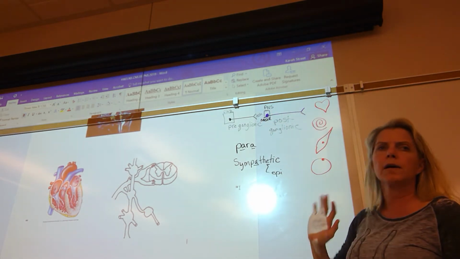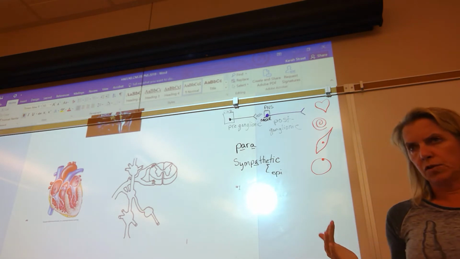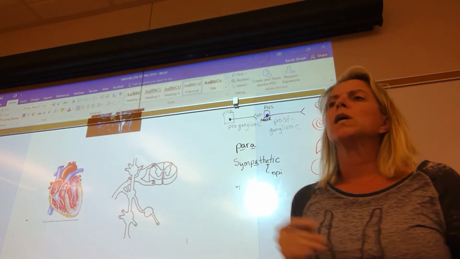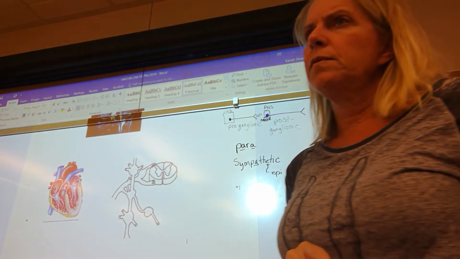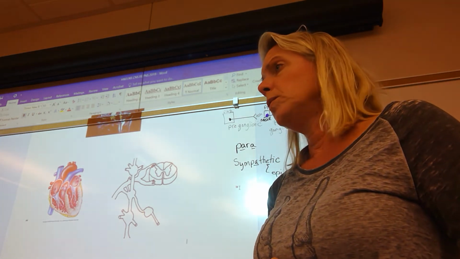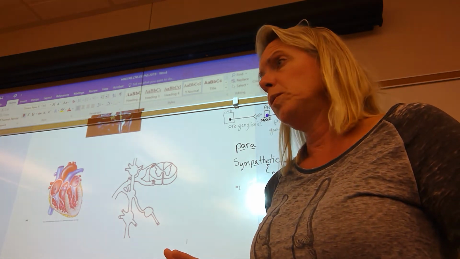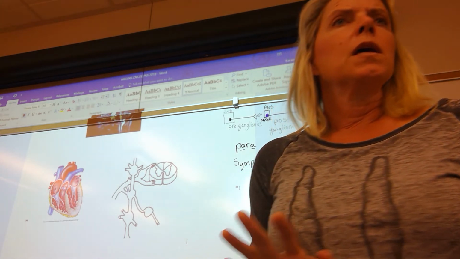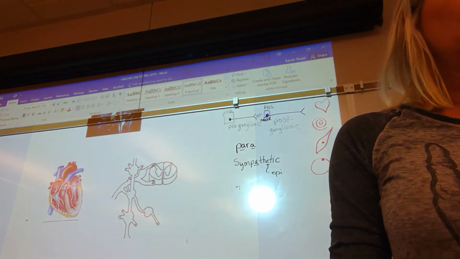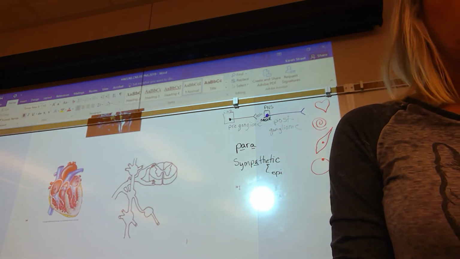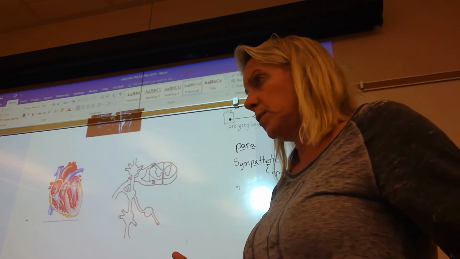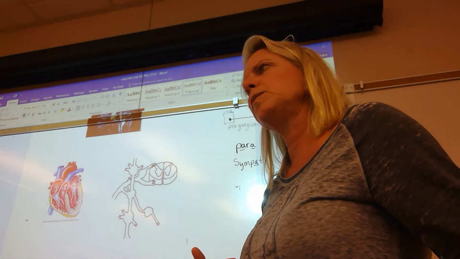The second neuron, it depends on which division we're playing with. Now the parasympathetic division is very simple. Sympathetic division is difficult. It has exceptions, quite a few exceptions.